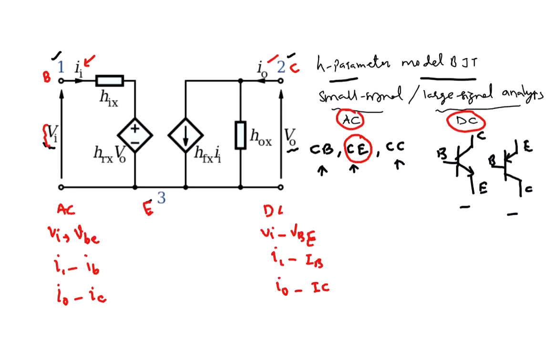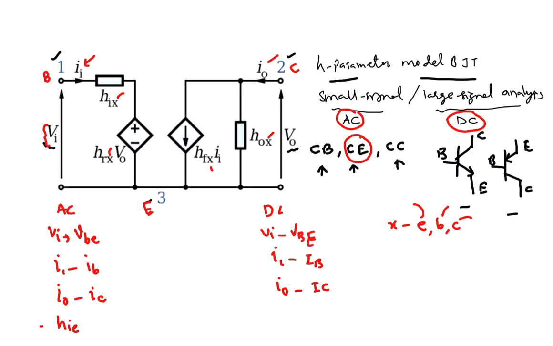Now, what is HIX? Remember, before I explain these parameters, X here is either E, B, or C. So E stands for emitter, B stands for base, and C stands for collector. So I would say, in terms of the H parameter model for a CE configuration, HIE, which is basically HIX.